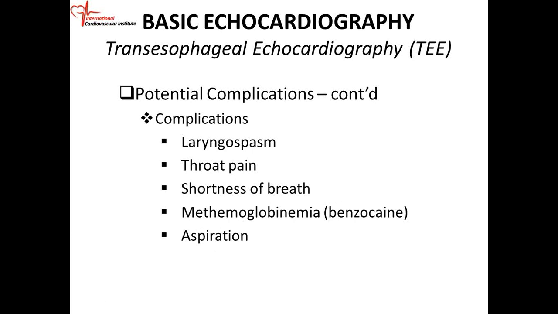So it's Fe2+ which is circulating in the hemoglobin. When you use this benzocaine, you can convert the Fe2+ to Fe3+. So it's still iron, but iron with a valency of 3.